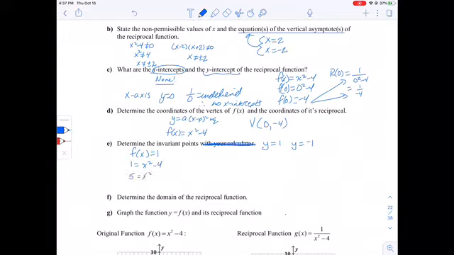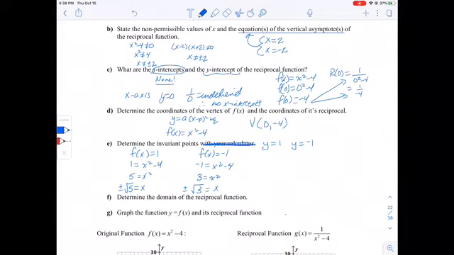So x squared is equal to 5 when I move over the minus 4, and x is plus or minus root 5. And if f of x is equal to negative 1, then negative 1 is equal to x squared minus 4, and therefore 3 would be equal to x squared, and x would equal plus or minus the square root of 3.